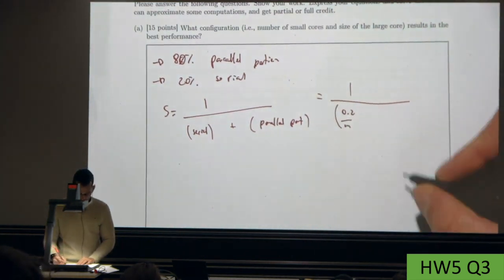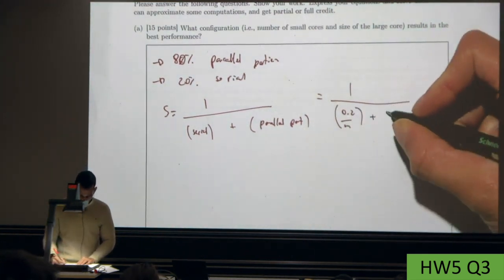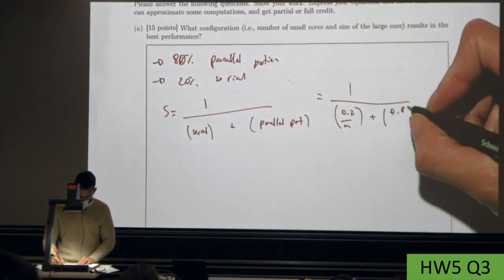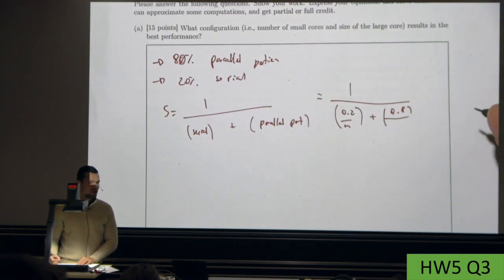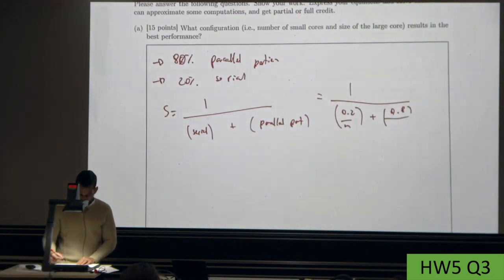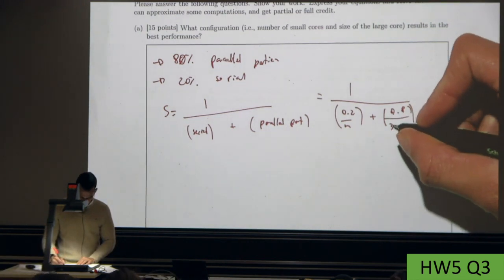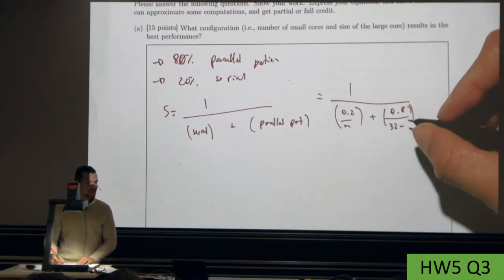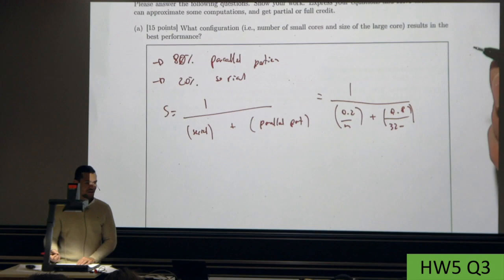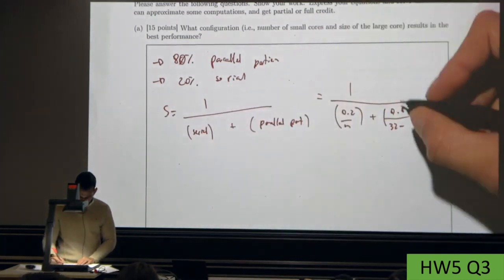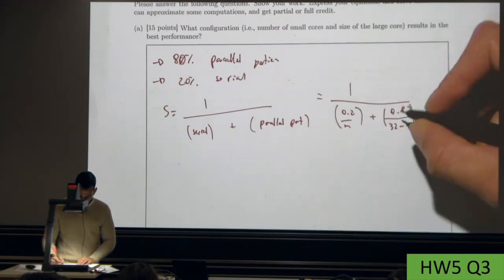So this is going to be n times the rest of the execution, 0.8 is parallel. And how many parallel cores can you fit? You're going to be able to fit 32 minus the area that you have available, right? So you already placed one larger core, so this area is minus n cubed.